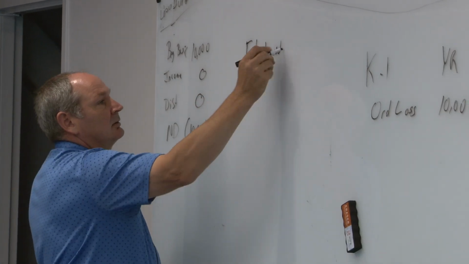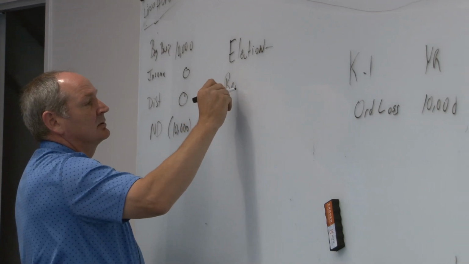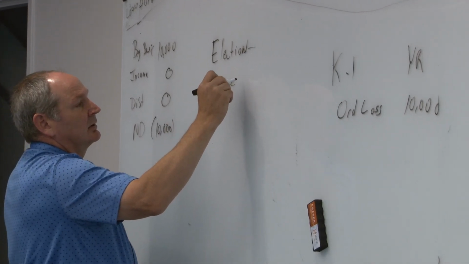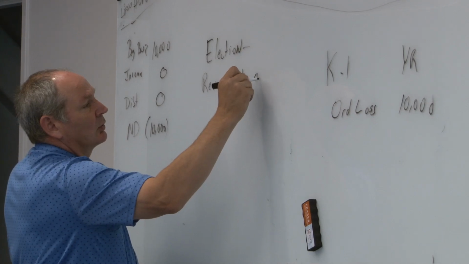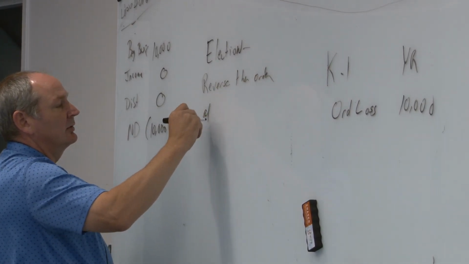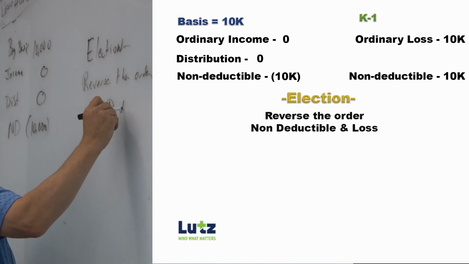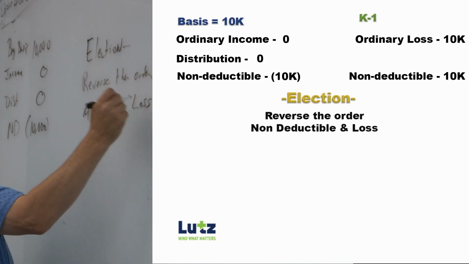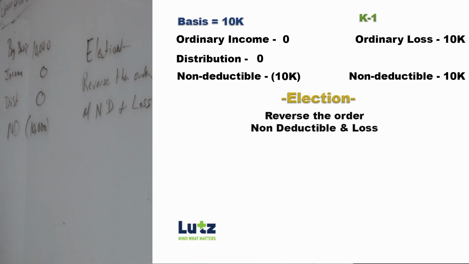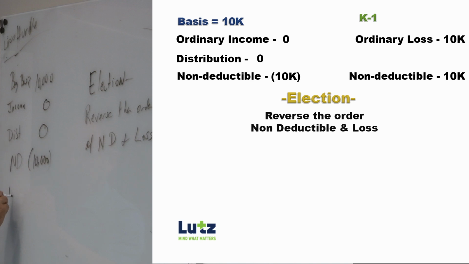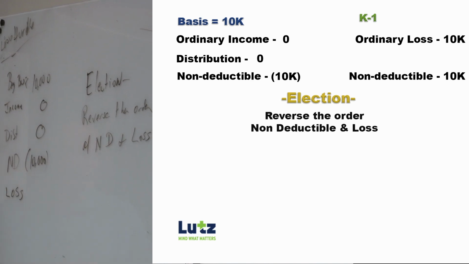That you can reverse the order of non-deductible and loss. So under the normal rule, non-deductible goes first, correct? But this election says that I can reverse that.